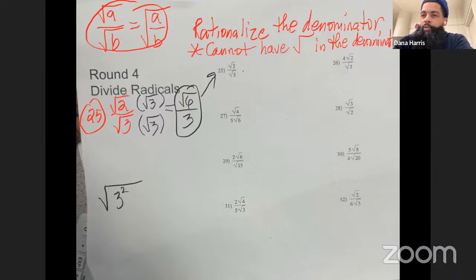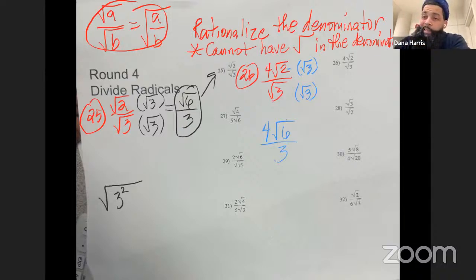Okay, so 26, we have 4 square root of 2 over square root of 3. Okay, so now we're going to multiply the numerator and the denominator by the square root of 3. All right, and that's going to give us in the numerator 4 times the square root of 6, because 2 times 3 is 6, and then over 3.